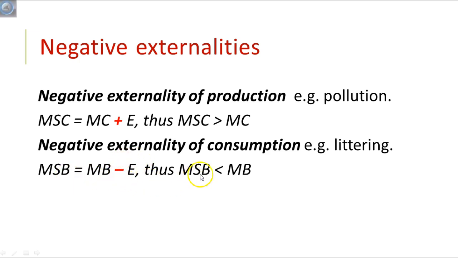So we can see here that the marginal social benefits of the consumption of this product, which involves an externality, will be less than the marginal private benefits to the consumer of that product, whatever it happens to be, that's associated with littering.